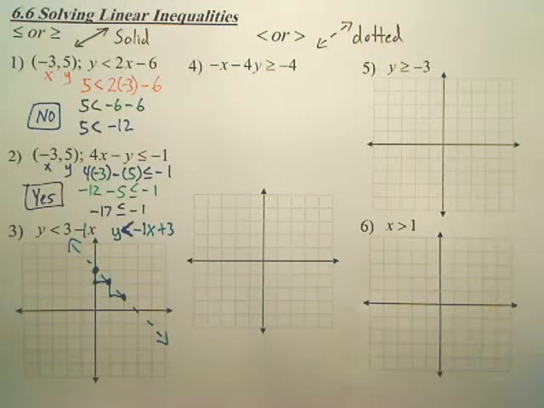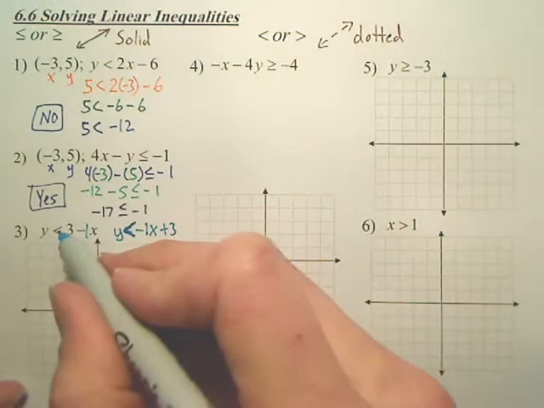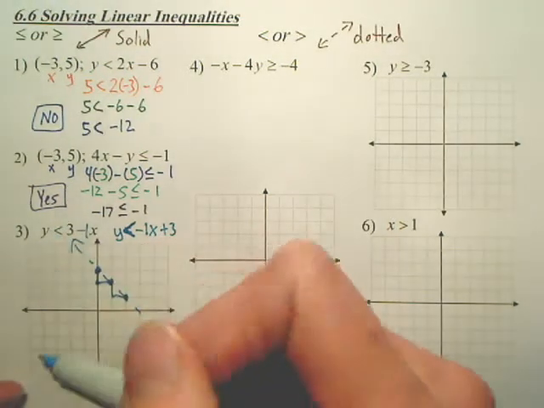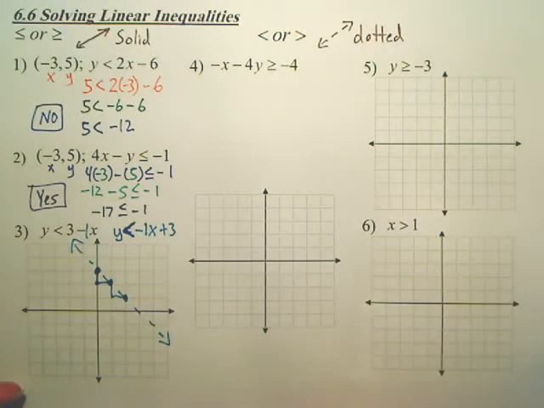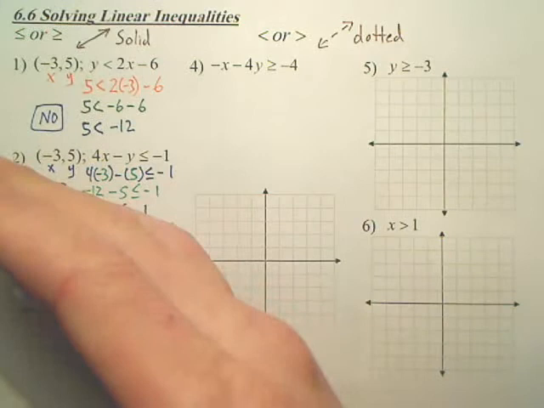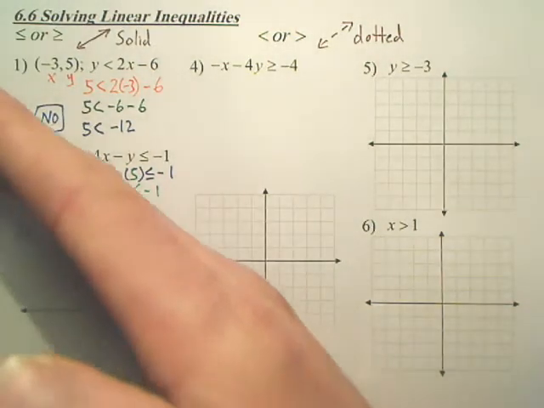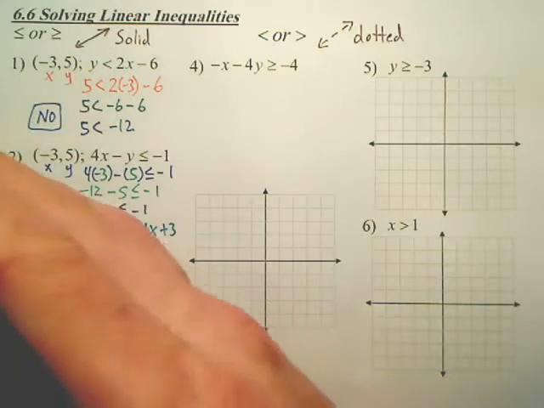And then you're going to shade one side or the other. I have a shortcut that a student found for me that works really well for students. Right here, isn't this a less than sign? Which hand matches this line, your right hand or your left hand? Like this, it's your right hand.